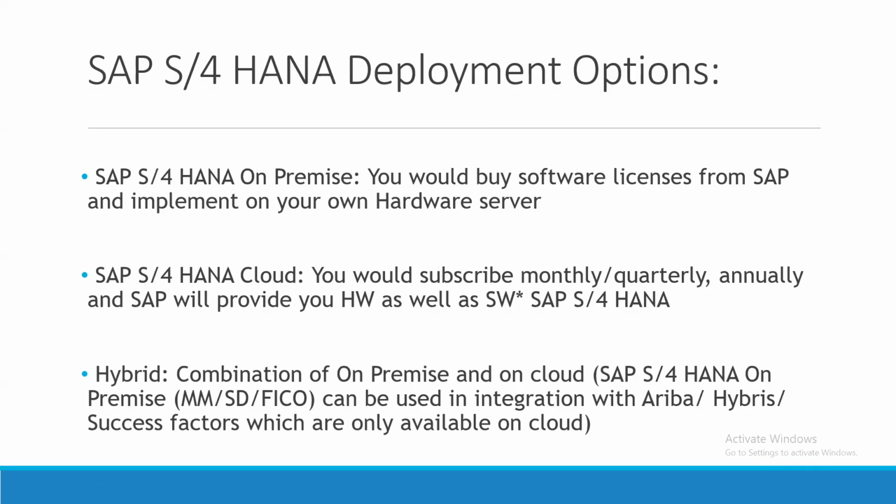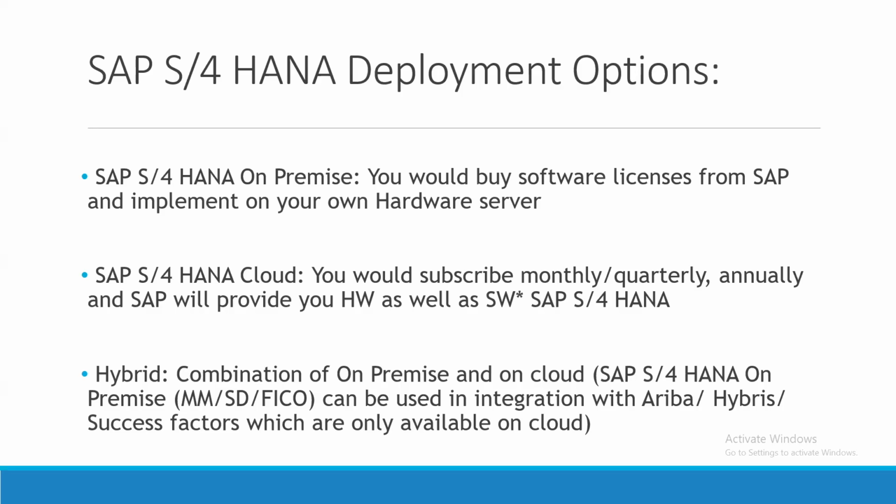On premise means that we have a specific server that you can access through your laptops, and you would be able to buy that software license from SAP and implement that particular SAP setup on your own desktop or as a remote connection. But through that, you have to log in onto SAP server. Okay.